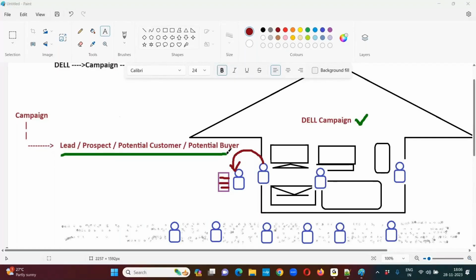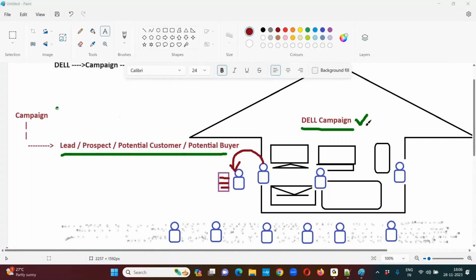Now tell me, what is the relation between campaign and lead? Is it one to one or one to many? One to many. Why one to many? How many campaigns are we conducting here? Only one. Whenever Dell people conduct a campaign in Amirpet, only I am visiting the campaign, or other people also will visit?